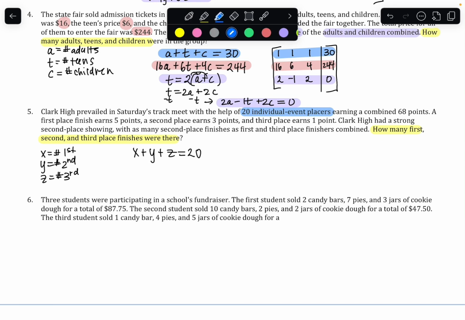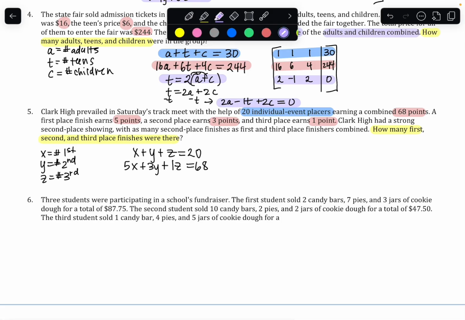Okay, and then we also know the total points, 68 points. First place earns 5 points, second place earns 3 points, and third place earns 1 point. So that means 5x plus 3y plus 1z equals 68 points.